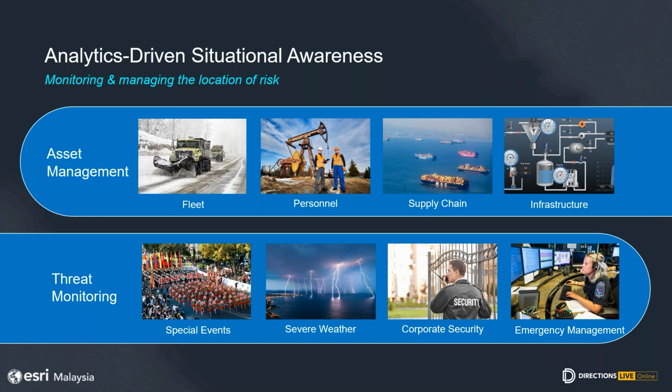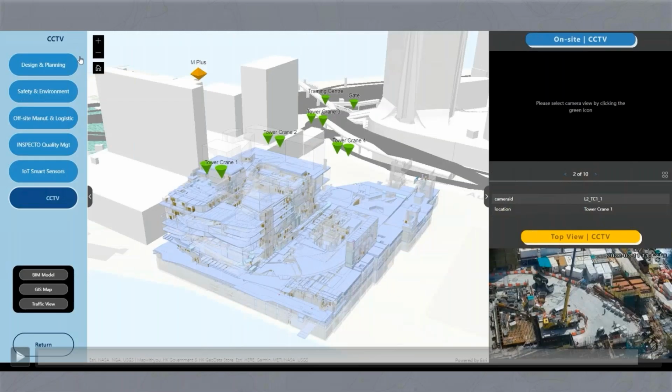Esri equips all of us with the tools to actively monitor and manage risk, assets, and threats. This way, we ensure a higher level of situational awareness and operational efficiency. Now, let's explore a demo to illustrate the importance of real-time data in staying on top of site activities.